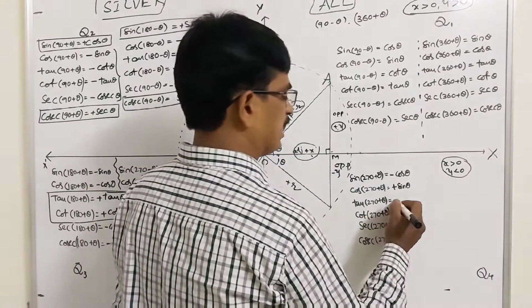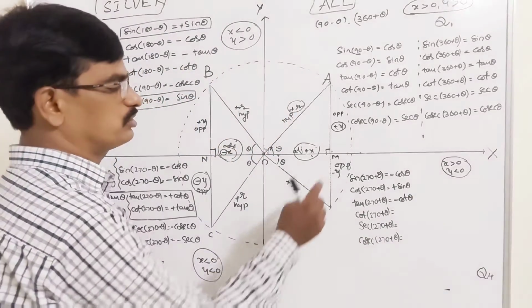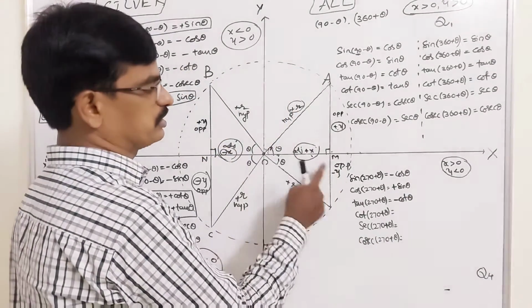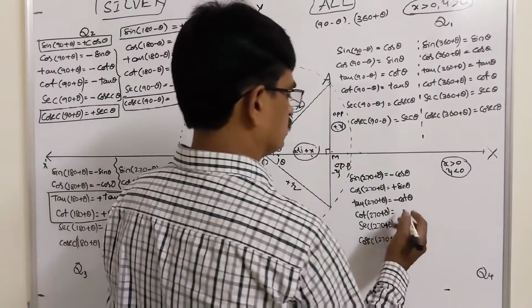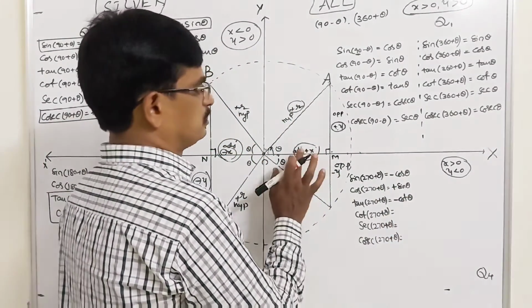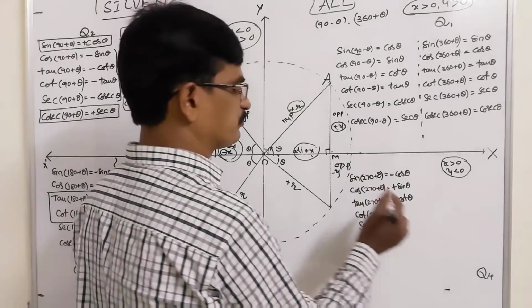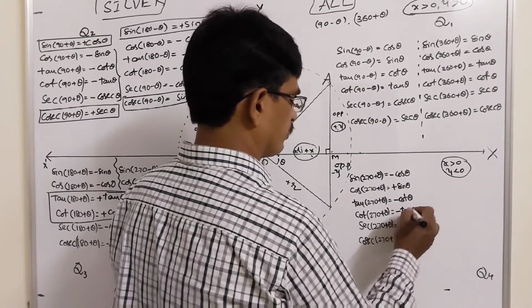Next minus cot theta. Why minus cot theta? Tan theta is equal to opposite side by adjacent side, minus y by plus x, that is minus by plus, minus. Similarly cot of 270 plus theta, plus x by minus y, that is finally we get minus tan theta.